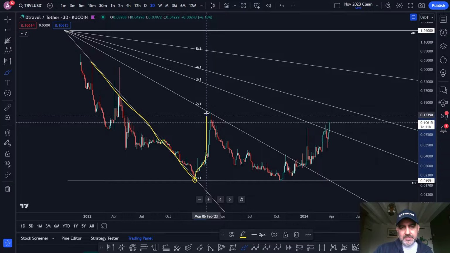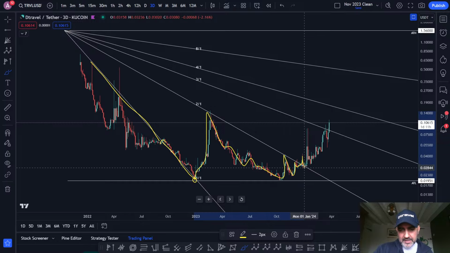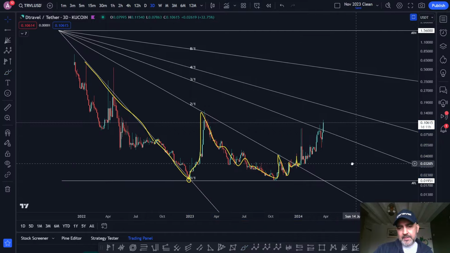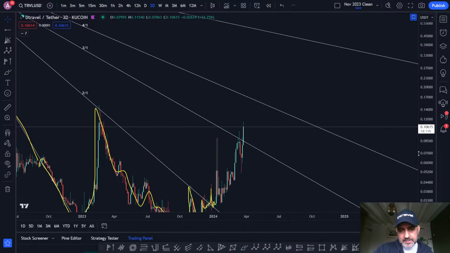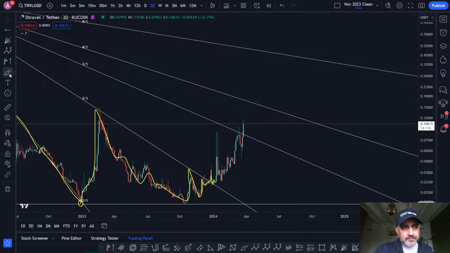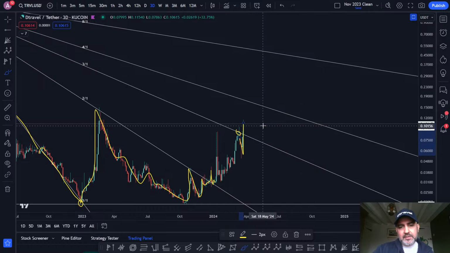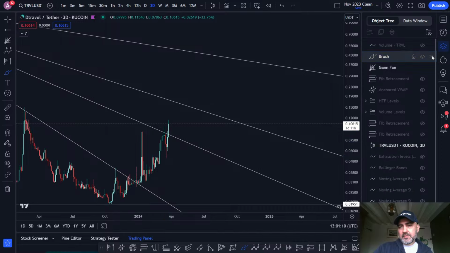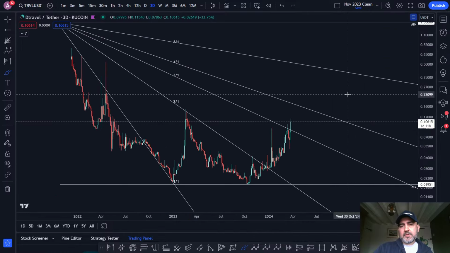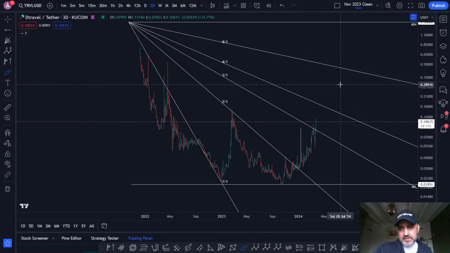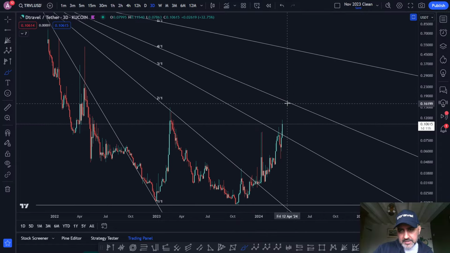It went all the way back up to the 2-1, rejected, again rejected, again rejected, until you finally got above it, and then it held support and resist and break, resist and break. It's what you want to see. So I think that GAN is quite nice to be a guide.